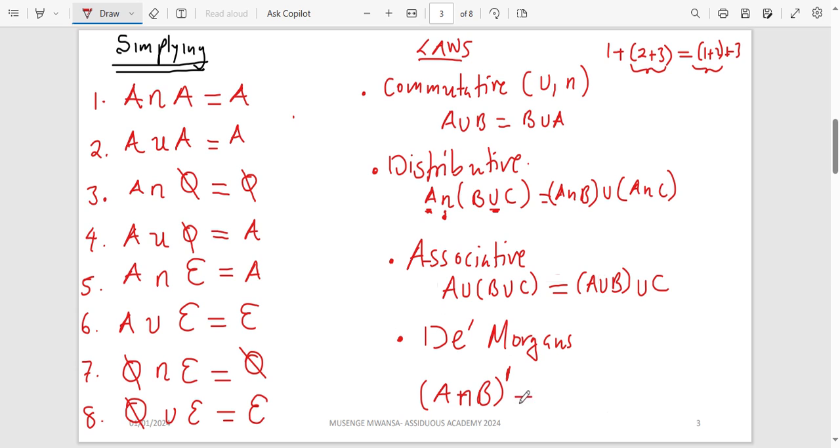You can distribute the complement to the inside. It becomes A complement and then B complement. But every time you distribute the complement, always make sure that you change the sign in the middle. Always change the sign. If it was union, it becomes intersection. If it was intersection, it becomes union.